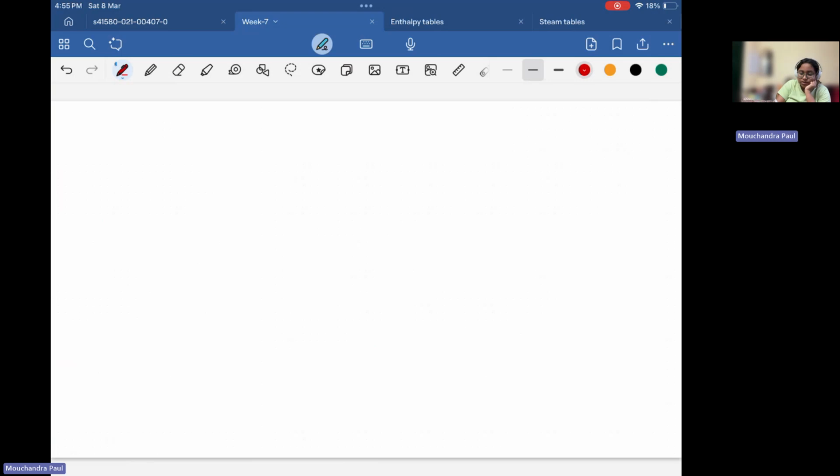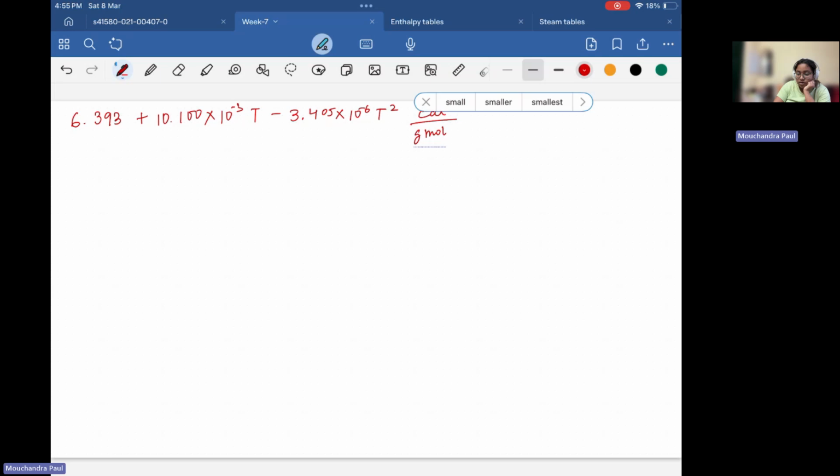The given expression is this: 6.393 plus 10.100 times 10 raised to power minus 3 T minus 3.405 times 10 raised to power minus 6 T squared. This entire thing is in calories per gram mole per delta Kelvin.